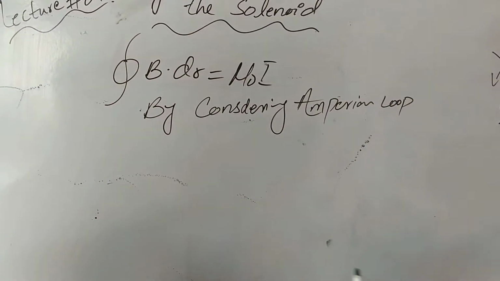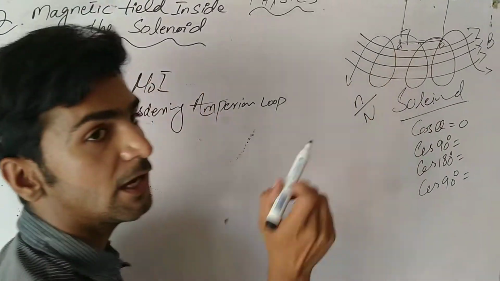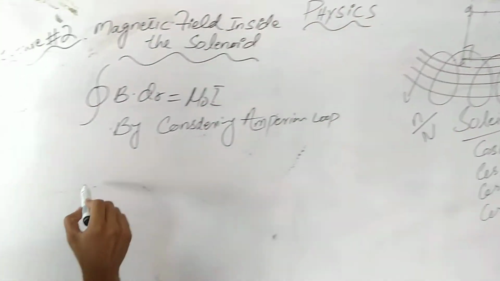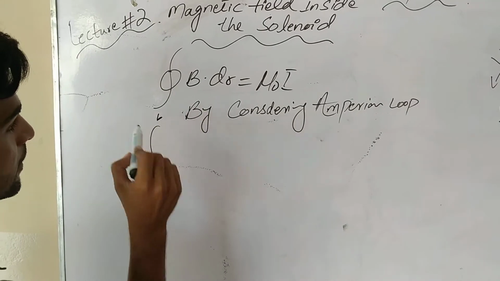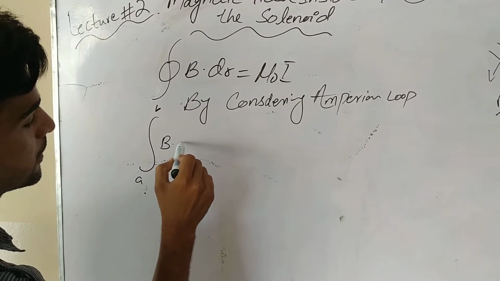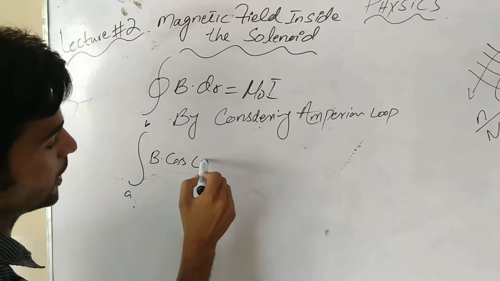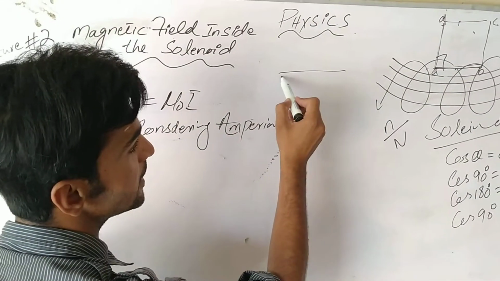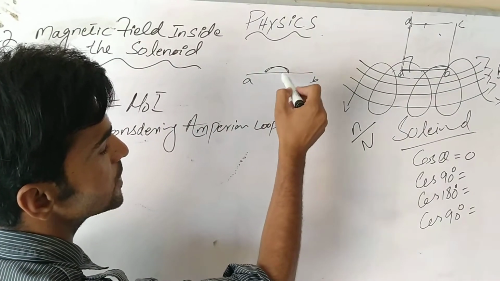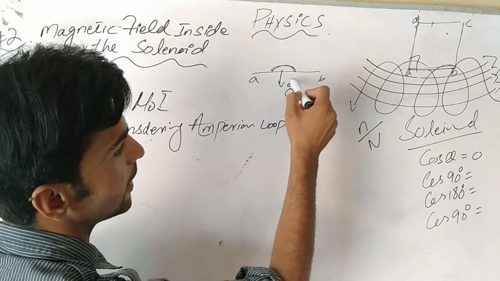So first of all I am going to use it as an integral. I am choosing the integral of AB. So the integral of AB is B dot cos 0 degrees dl, because AB is in the plane, so here we just choose the 0 degree angle.